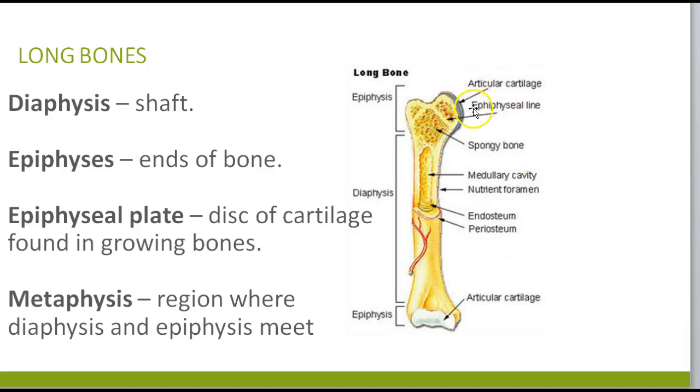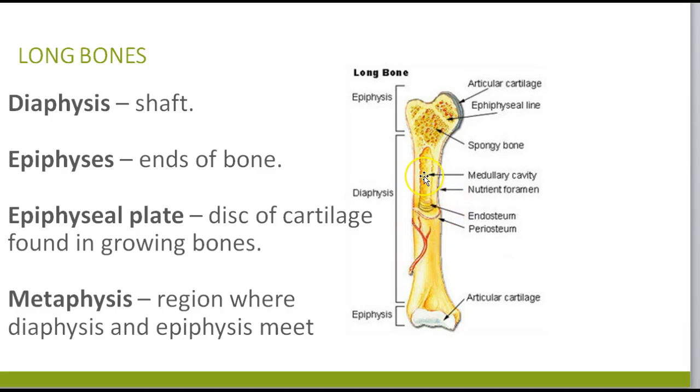Okay, so down this side we've got articular cartilage, which covers the end of the bone. We've got our epiphyseal line, which is our growth plate line. We've got spongy bone in the middle. In the middle of that, we've got the medullary cavity, and this is where we get our nutrients, from the blood vessels attached to our bones.